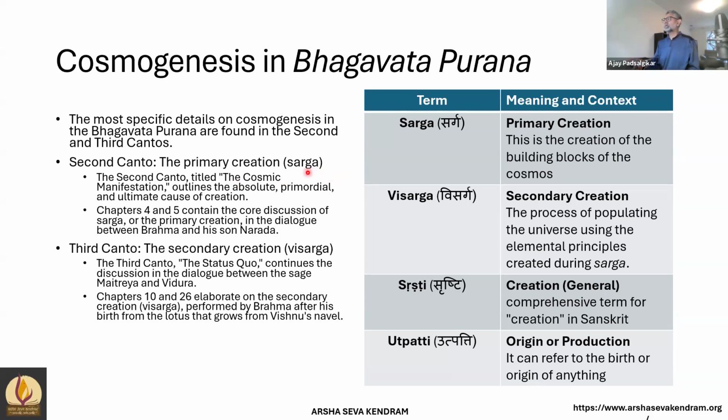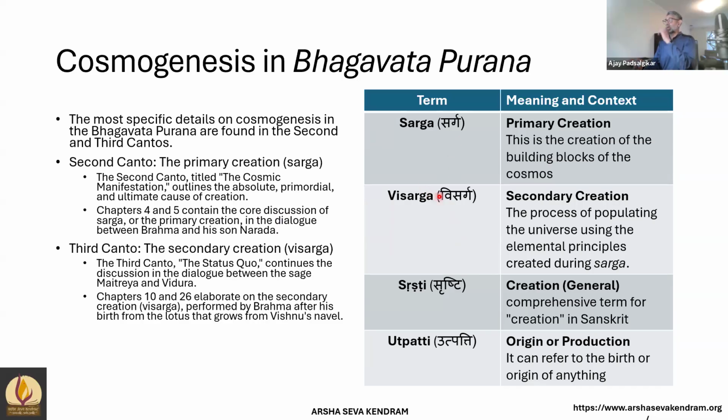So it talks about the primary creation, Sarga, and the secondary creation, Visarga. The third canto talks about the Visarga, and the third canto is called the status quo. There may be a bit of confusion in terms: Sarga, Visarga, and there are terms which are also known as Srishti and Utpatti. Those are the different terms that have been used in different texts, so I just wanted to clarify that.